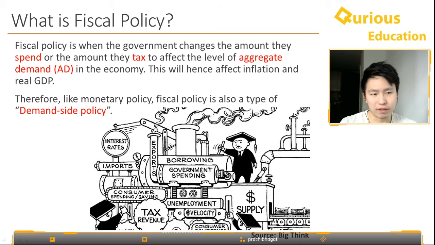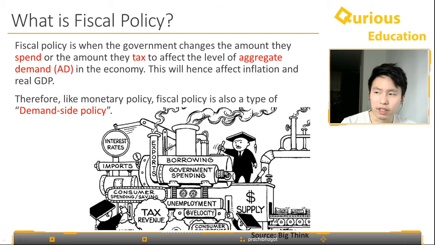And because government spending would actually affect the level of demand in the economy, since if the government spends more, it would create more jobs and potentially increase the level of incomes of particular groups, then as a result it would affect AD, which is aggregate demand. Therefore, it would affect inflation and real GDP.